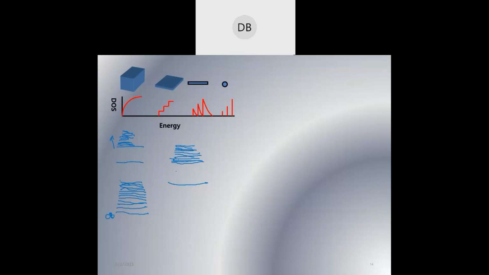The same thing if I take the case of the one-dimensional material: here also this is abrupt. That means the energy levels increase abruptly to a certain level, suppose we are going here, and then gradually it will fall back.